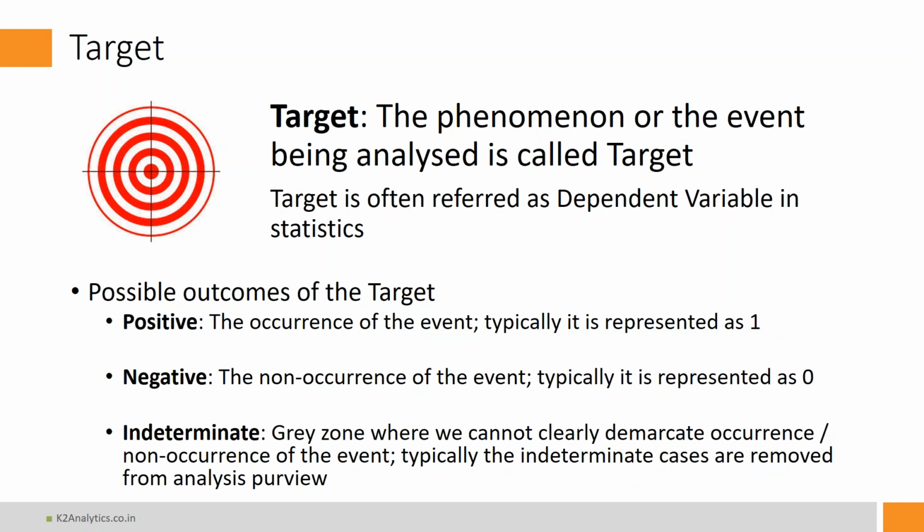In that case, if you are not confident how to classify, many a time we remove that segment as indeterminate, saying that we are not able to rightly classify them as 0 or 1. So we'll mark them as indeterminate. Indeterminate observations are not considered for model development.